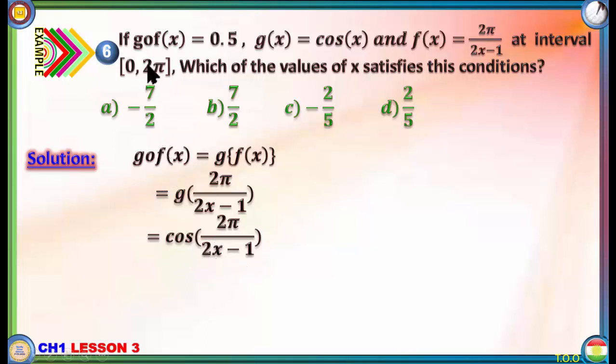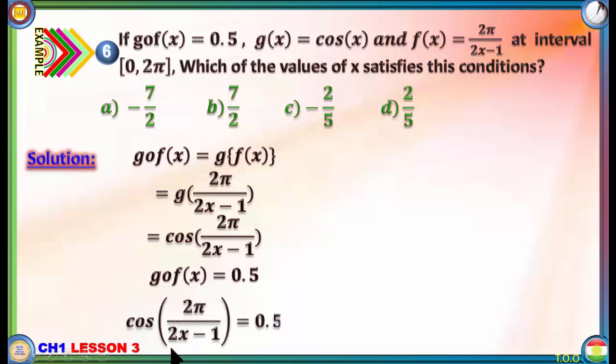But we have that g of f(x) is equal to 0.5. That means cosine of 2 pi over 2x minus 1 is equal to 0.5. Because 0.5 is positive, the cosine is in the first quadrant or the fourth quadrant.